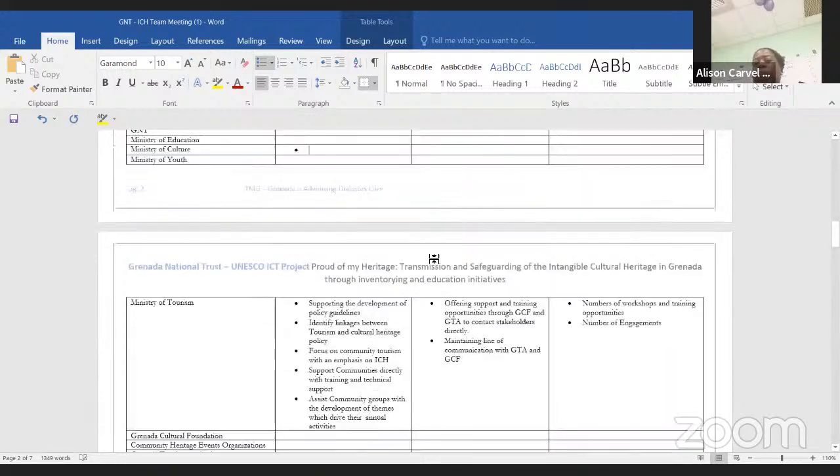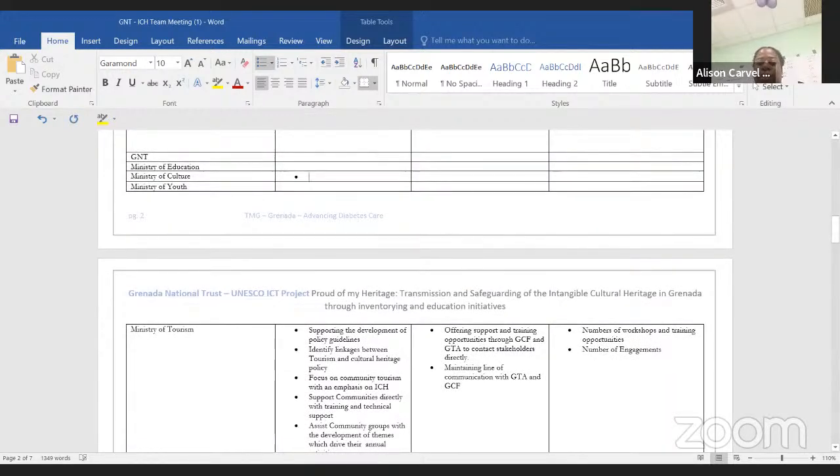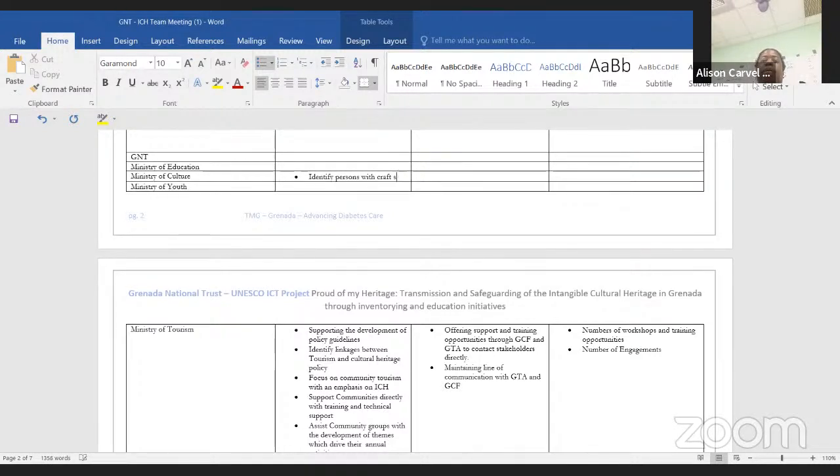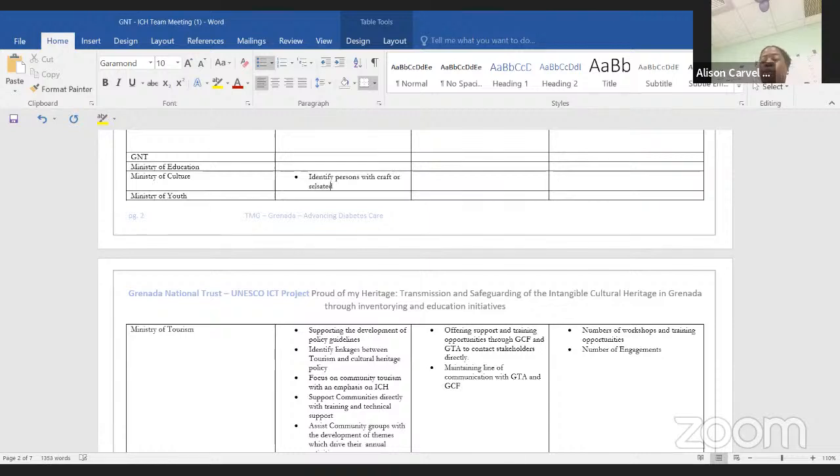So we have what we call a visibility project that we plan for 2022. The idea is to identify persons with unique skills, basically in crafting, it could be in farming, any activity that makes somebody stand out. So what we have done so far is a site visit, and we've had information on persons who did leatherwork, jewelry making.